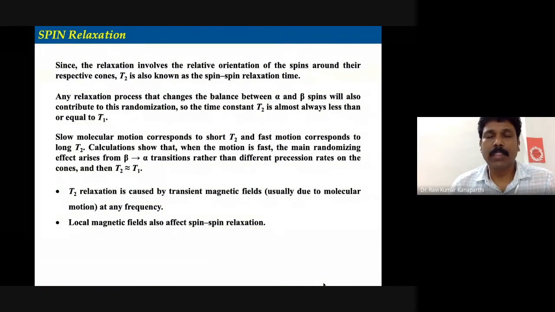If you have applied a 90-degree pulse, they rotate as a bunch in the XY plane. This is not an actual thermal equilibrium, because it is created only because we have applied the pulse. If the RF pulse is not there, this situation doesn't arise.